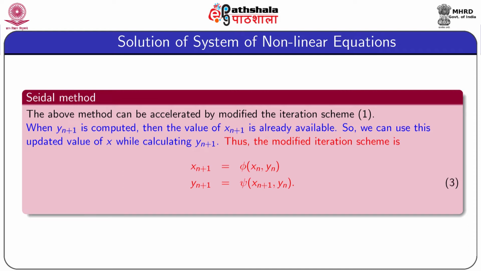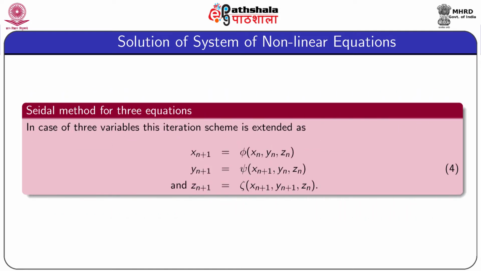Thus, the modified iteration scheme is xn plus 1 equal to phi(xn, yn) and yn plus 1 equal to psi(xn plus 1, yn). Note that in equation 3, the first argument of psi is replaced by xn plus 1 instead of xn, which is used in the fixed point iteration method.